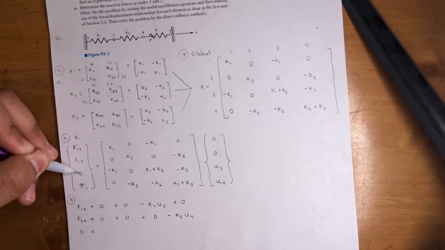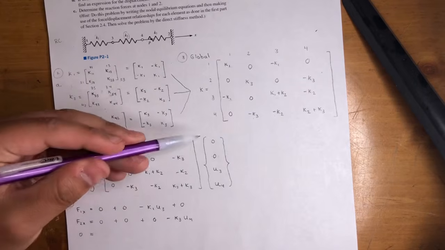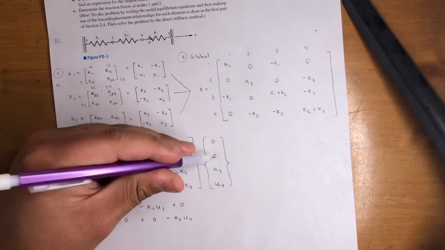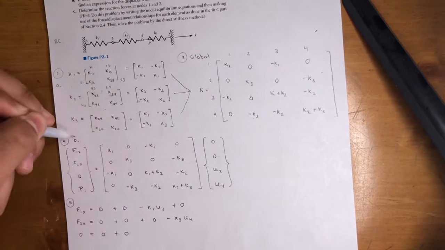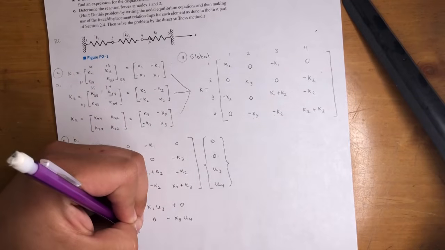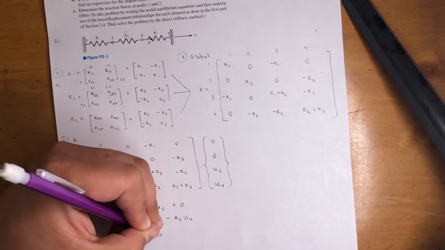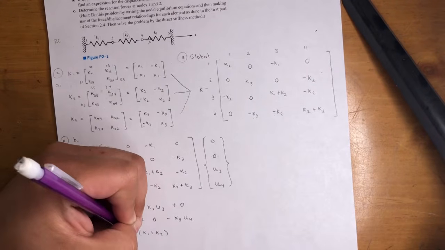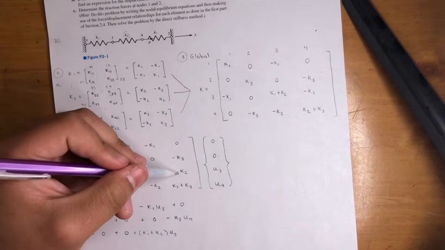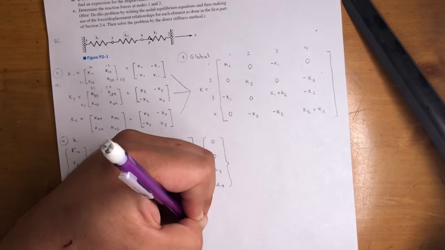Because it's not F3x, it's 0. 0 is equal to negative K1 times 0, so it's 0, plus 0 times 0, which is 0. K1 plus K2 times U3, so let's go ahead and do that: plus K1 plus K2 times U3, minus K2 times U4.